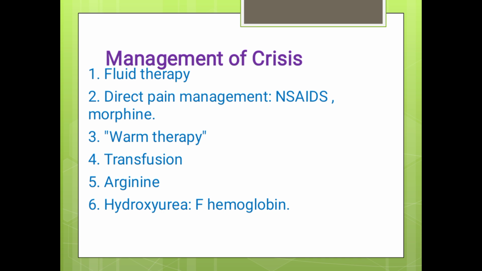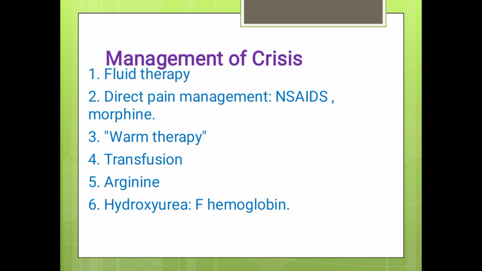Vasodilation, so that blood can flow well. Or when the patient is on admission, provide them with warmth by ensuring proper covering. That will help. Then transfusion mostly is also used for the patient to increase the volume of blood, and the oxygen carrying capacity will be increased.